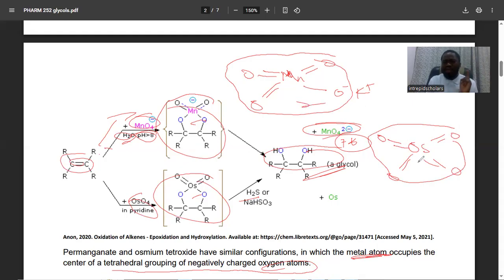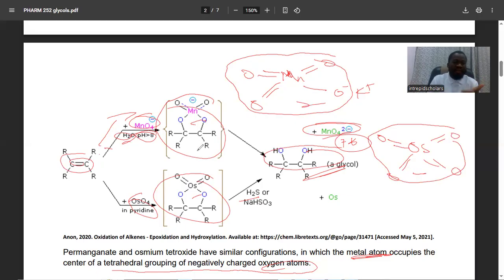This is why these two are the reagents, right? These two are not the only oxidizing reagents, but the reason why they can be used in this particular reaction is because of their inherent configuration, which allows them to form the metallocyclic intermediate. So that's it, right?